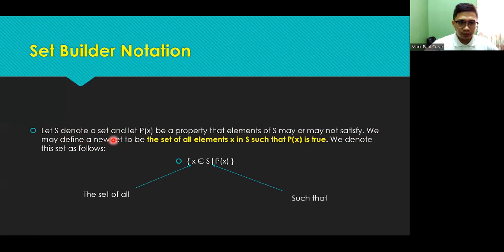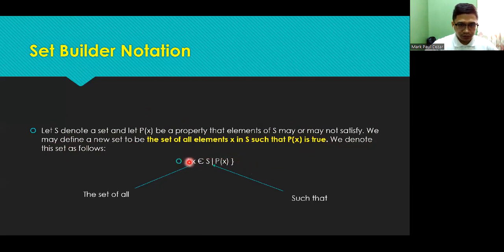We may define a new set to be the set of all elements X in S such that P of X is true. We denote this set as follows. So we can write this in this form.